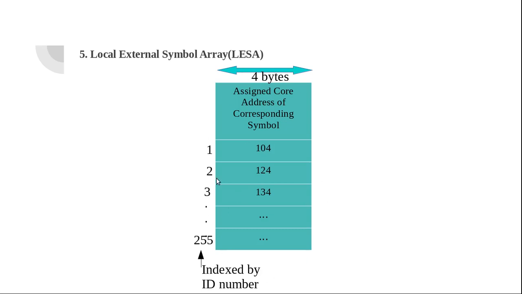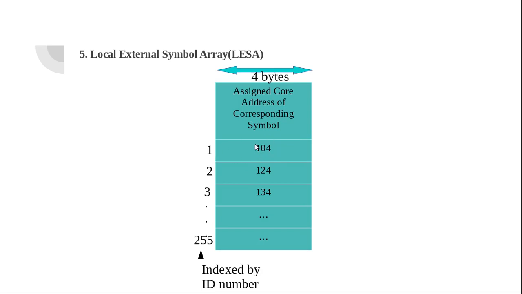It is an array containing the IDs of the external symbols mentioned in the ESD card as the index values of the array, and the array value at each index will be the absolute address value of each symbol. Each entry will be 4 bytes in length, and each entry will tell the absolute address of the corresponding symbol.